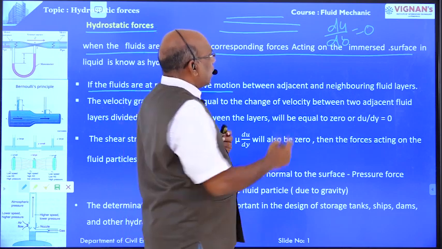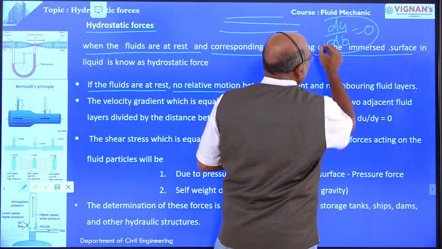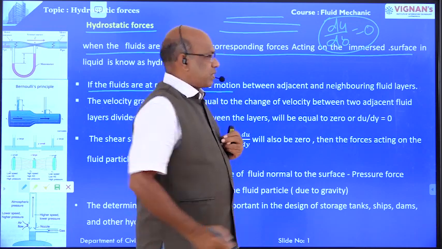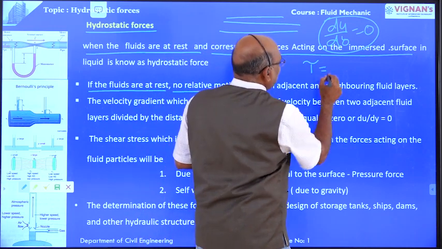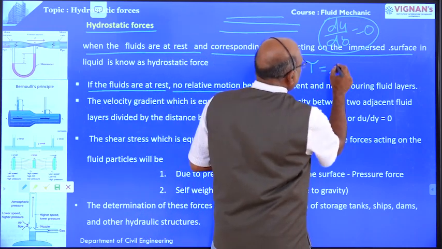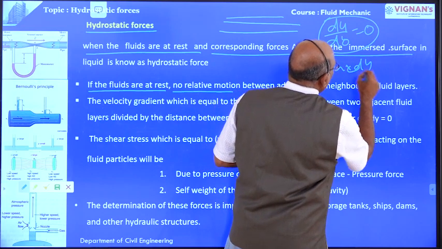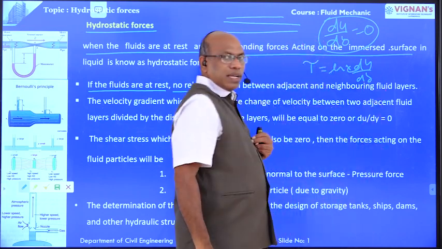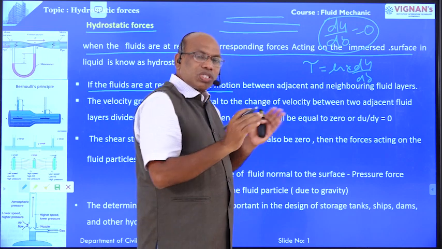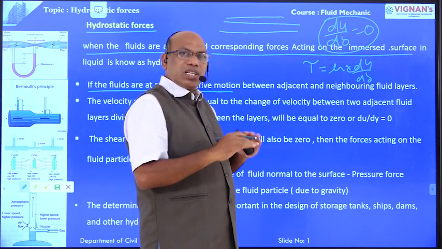Once du by dy is equal to 0, shear stress, we know one shear stress formula, tau is equal to mu into du by dy. But in this case there is no change in velocity, there is no movement.